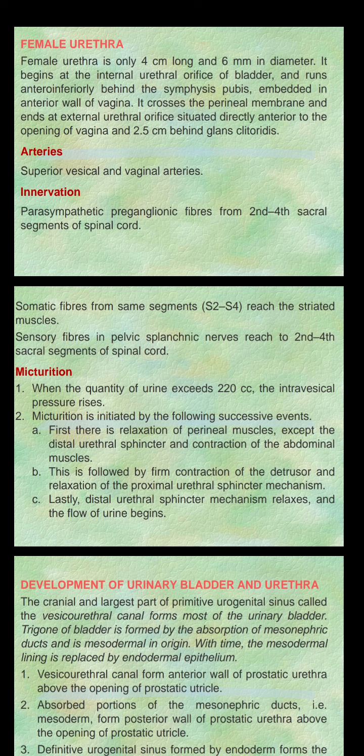Then comes the process of micturition, both in males and females. How is micturition achieved? When the quantity of urine exceeds 220 cc, the intravesical pressure, which means the pressure inside the bladder, rises.